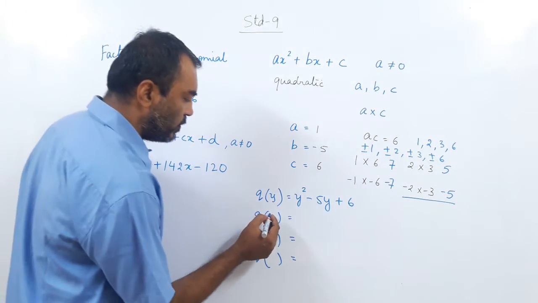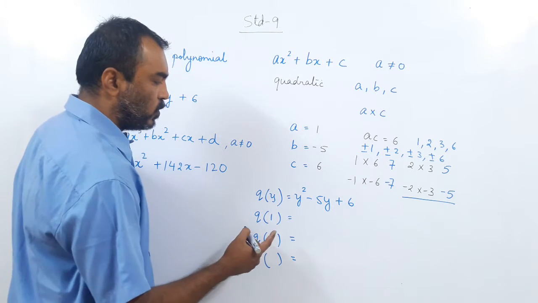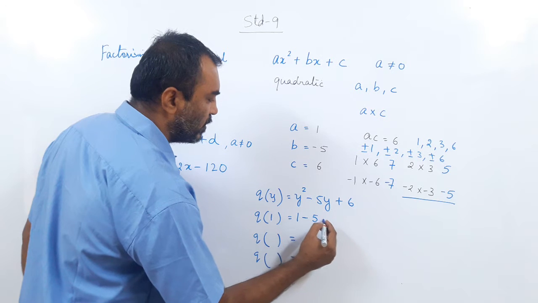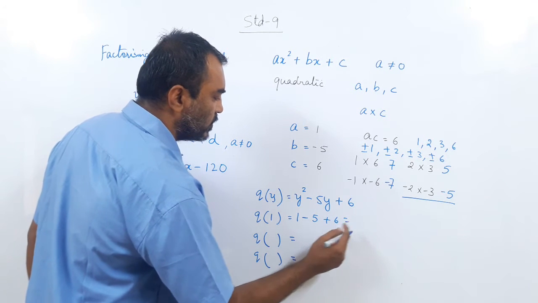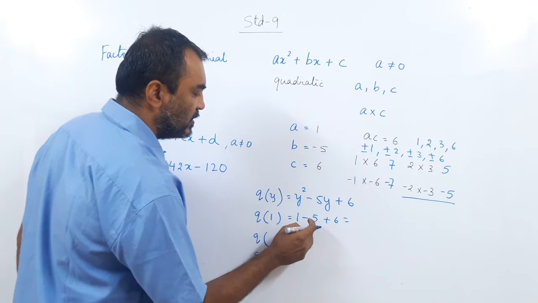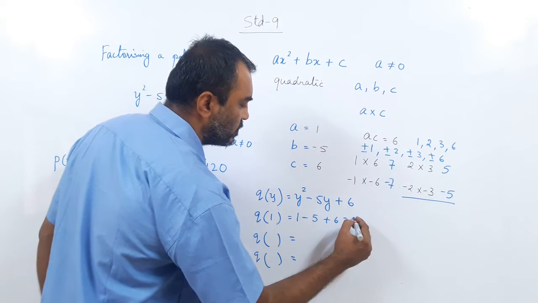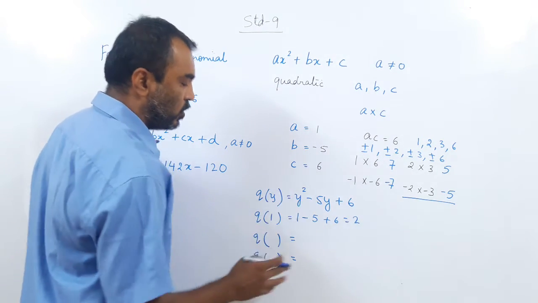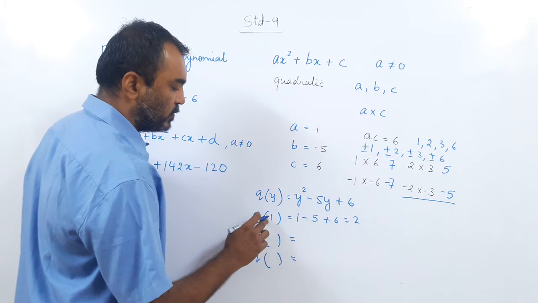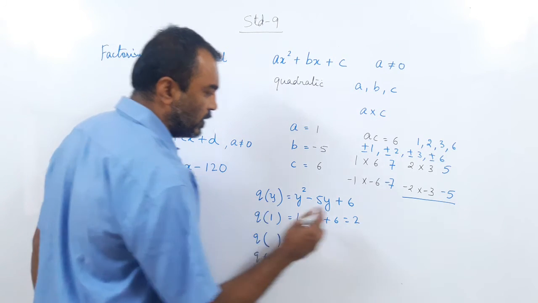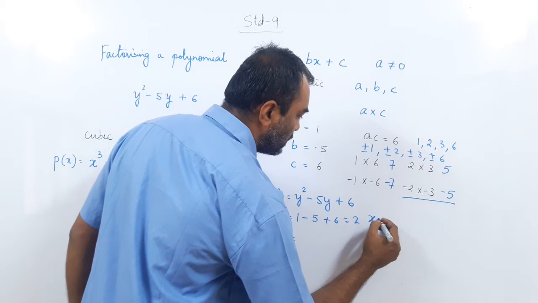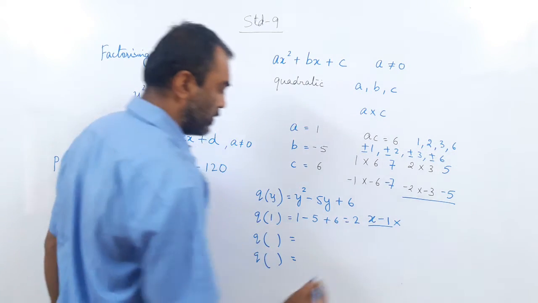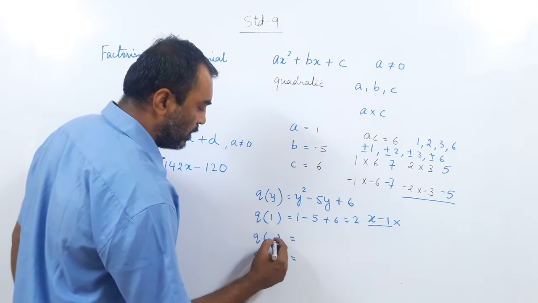So let us try 1. Q of 1: 1 square is 1, minus 5 into 1 minus 5, plus 6. So 6 plus 1 is 7, 7 minus 5 is 2. So 1 is not a factor, that is, x minus 1 is not a factor. Now let me try minus 1.